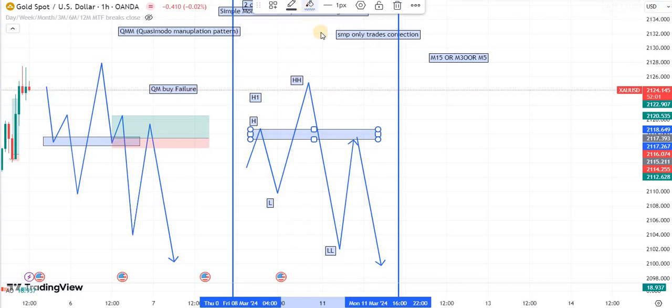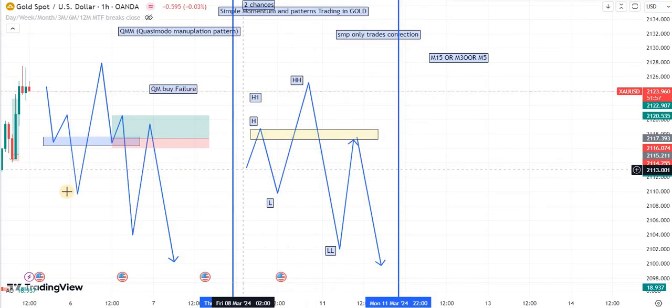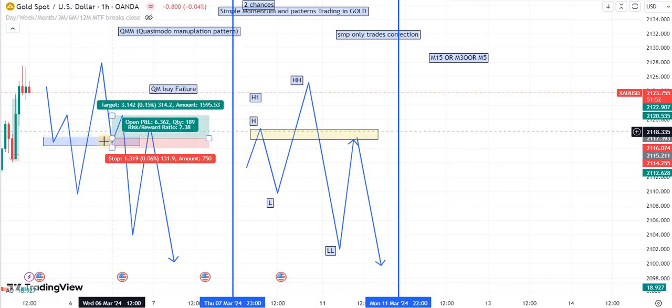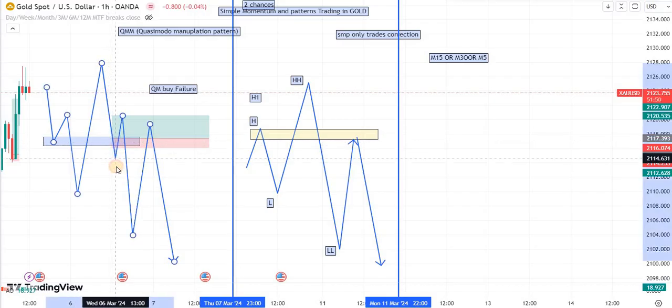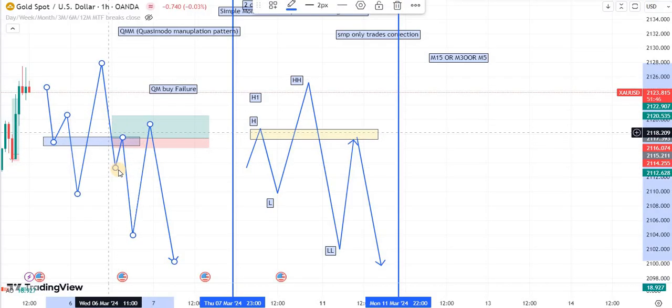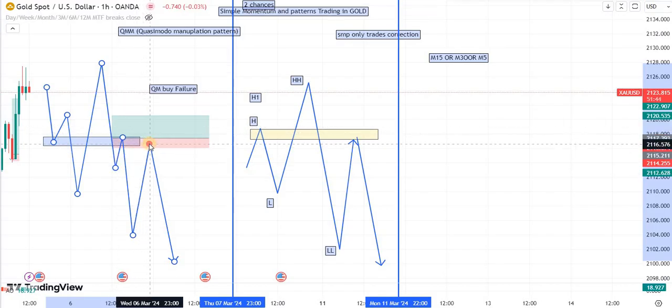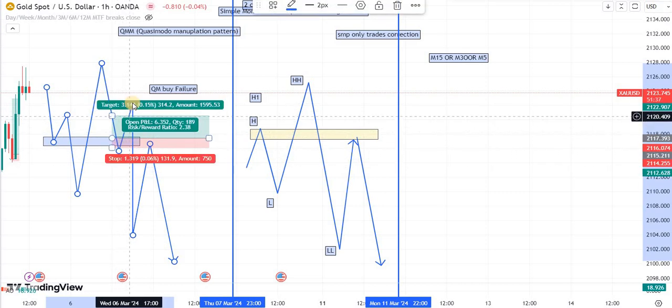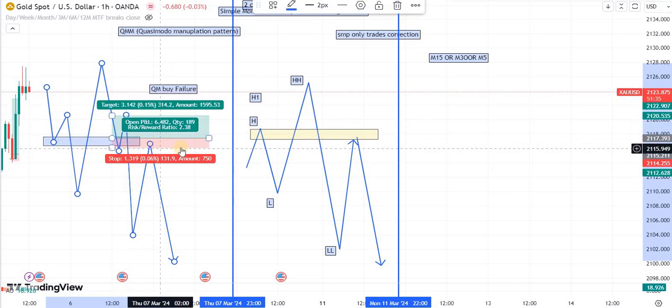You would be seeing the drop-base-drop over this point, which is a key point. After the break, the market will fall down from this level, or you will see a drop-base-drop on this particular level. So there are two regions.